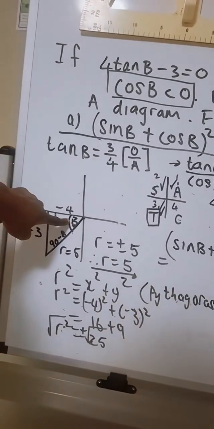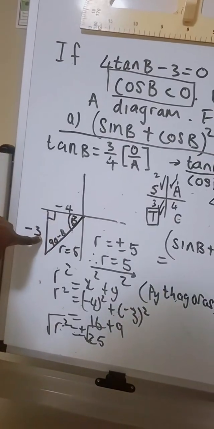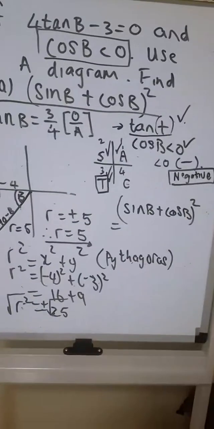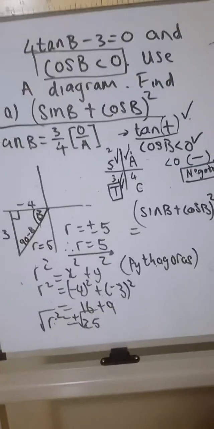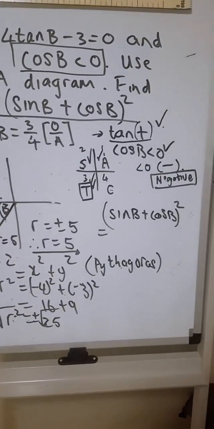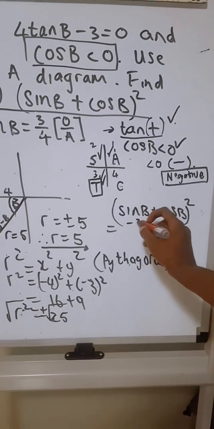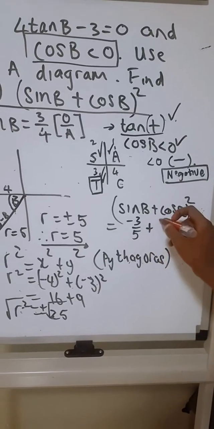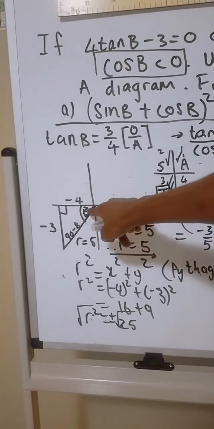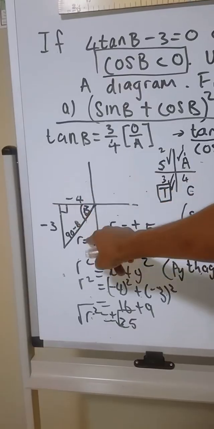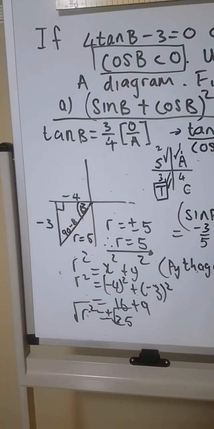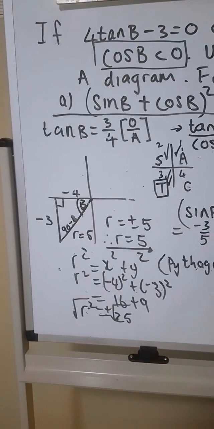B is here. The definition of sine is opposite over hypotenuse, so -3/5. Plus cos B. Go to the diagram again. Here's B. Cos B is adjacent over hypotenuse, so -4/5.